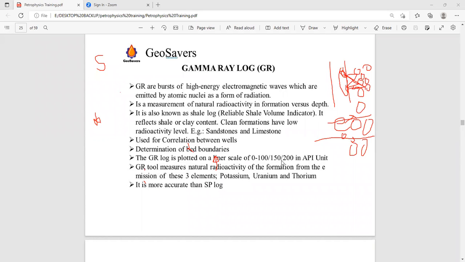All right. First, let's look at the gamma ray, because the first thing you want when you go to an area is to identify if there is any reservoir in that particular area. And we know what reservoir rocks are. They are rocks that are porous, and we expect this rock to be either sandstone, limestone, or in some cases, dolomite.